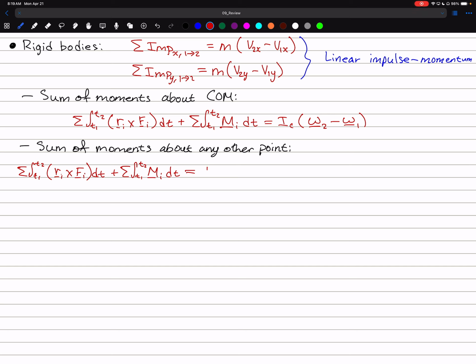So we're going to have I sub c times omega 2 minus omega 1 plus m times the quantity Rp crossed with V2 minus Rp crossed with V1.